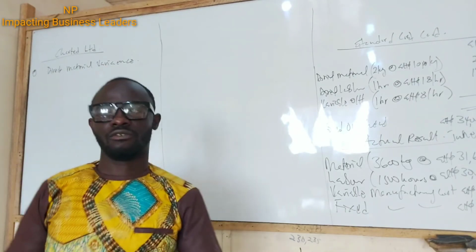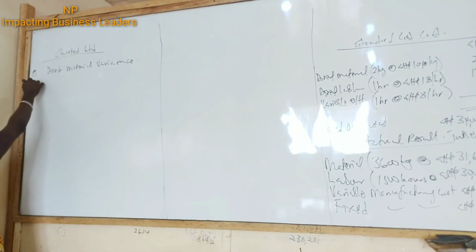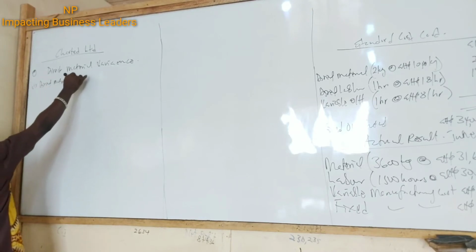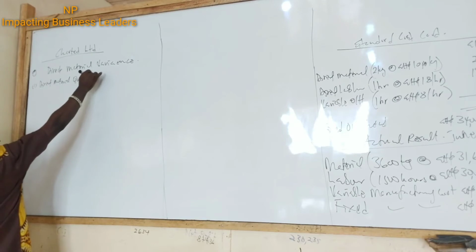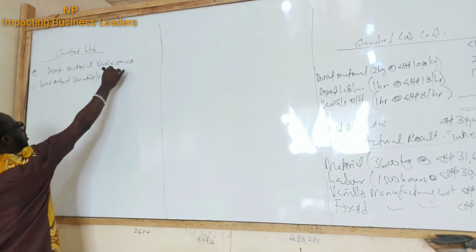The first one is going to be based on the direct material quantity, or as it is said, usage variance.